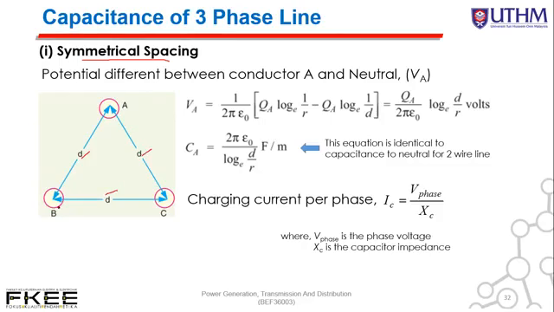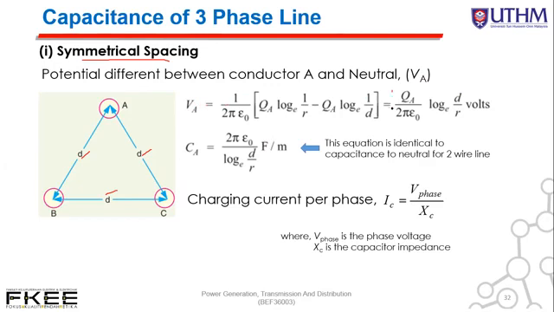Between A and B the distance is D, BC is D, and AC is also D. The potential difference between conductor A and neutral, VA, can be calculated with this equation.